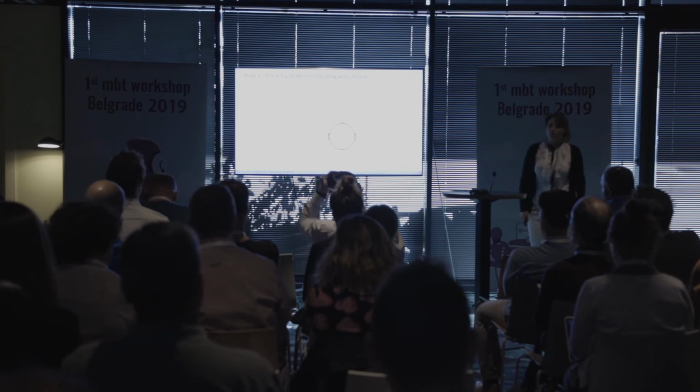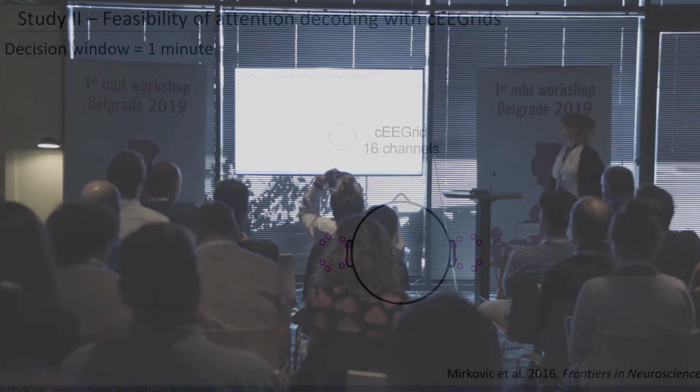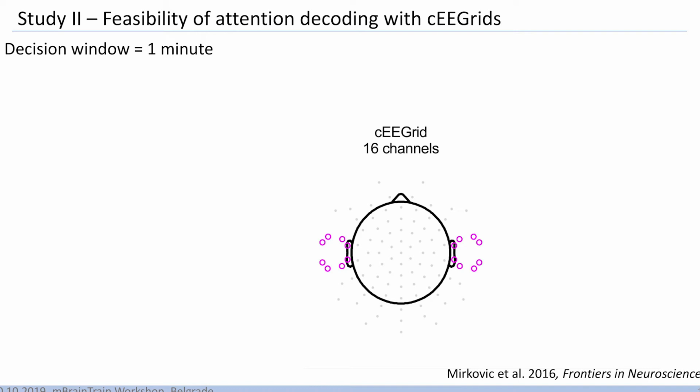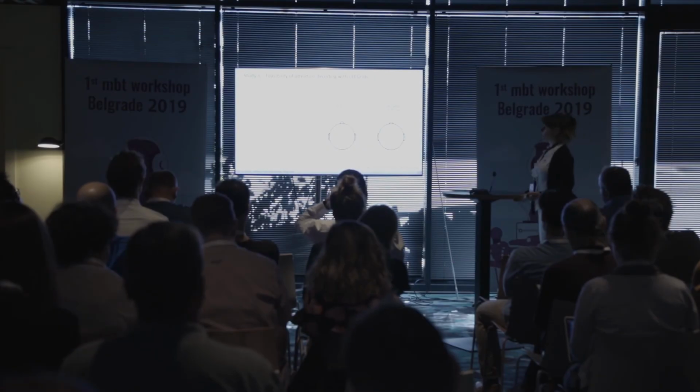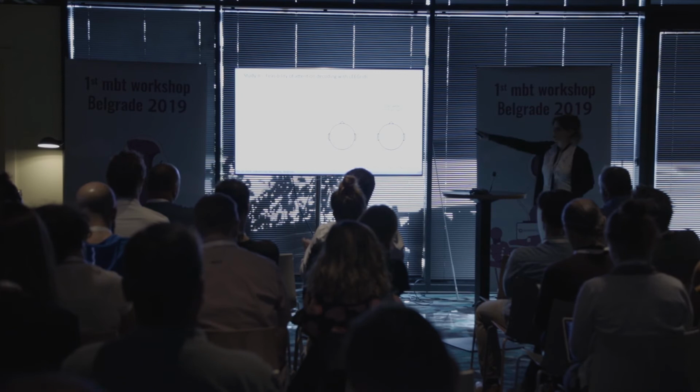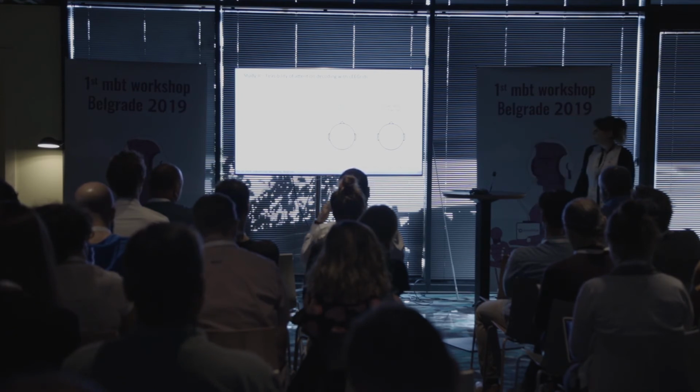And then we wanted to see what happens with C-grids. So we have 16 C-grid channels. In order to make this comparable with the high-density cap, we took a wide distribution of 16 channels on the cap.